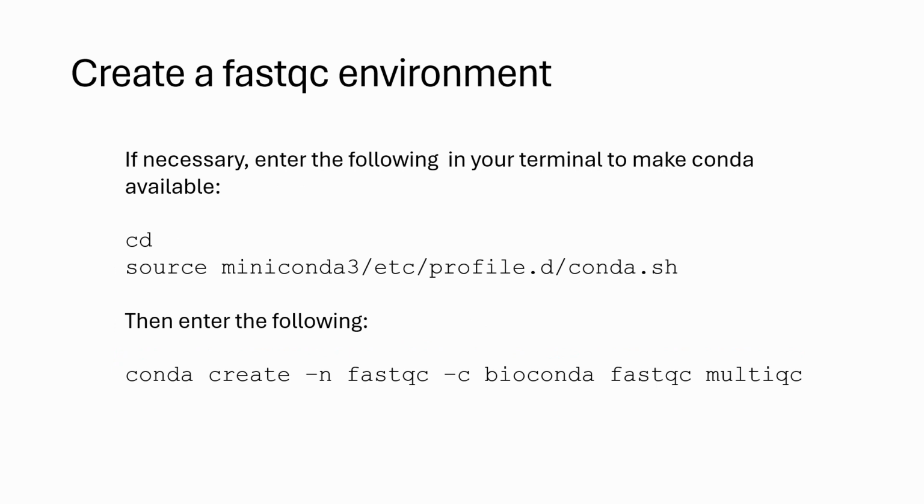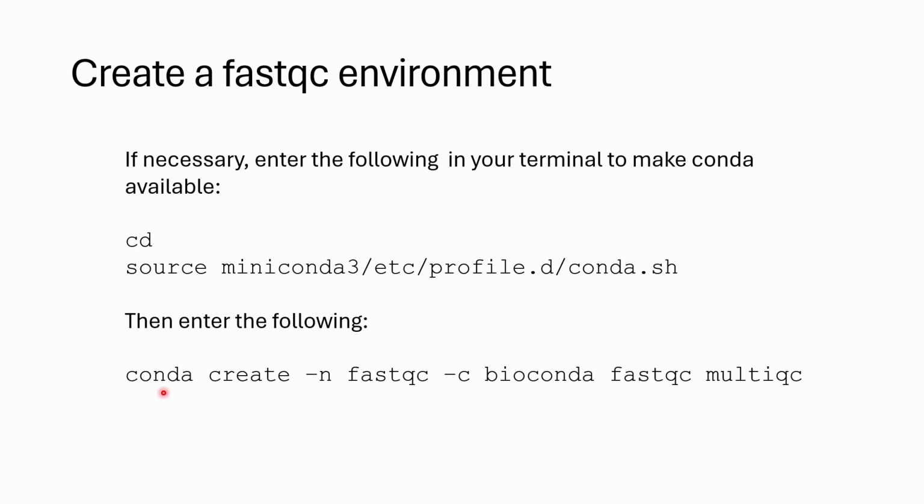After you have Conda installed, then you can start creating environments. The first one is one for the FastQC program. Depending on how you have installed Conda, you may need to run this line to make Conda available. Once it is, then you can create the FastQC environment with this line.